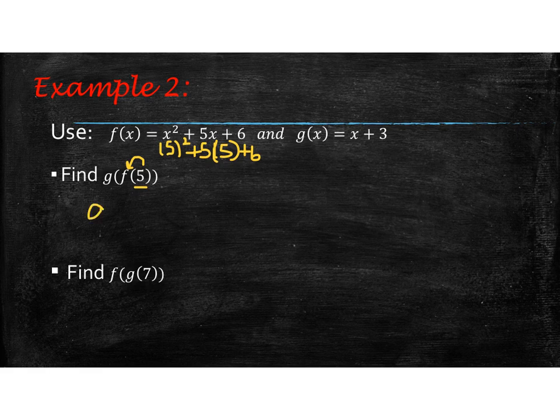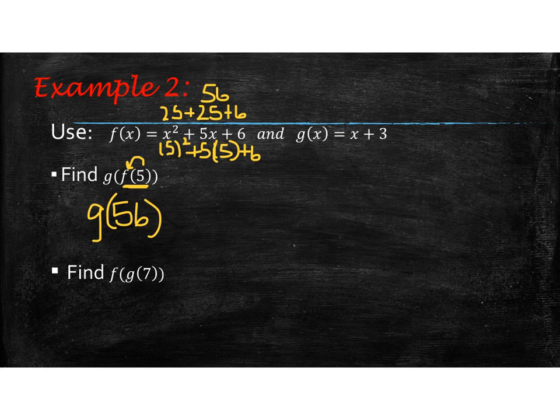So let's go ahead and write down what that is. 5 squared is 25. So we'd have 25. Then we have another 25, so plus 25, and then plus 6. So that's going to come out to be 56. So then we're going to take that, because that's what f of 5 is. After I've plugged in the 5, I got 56.